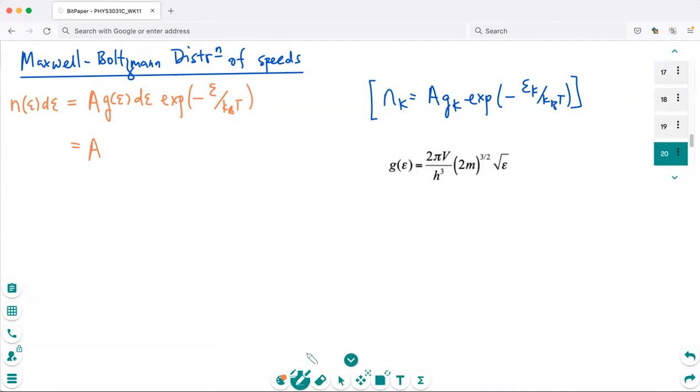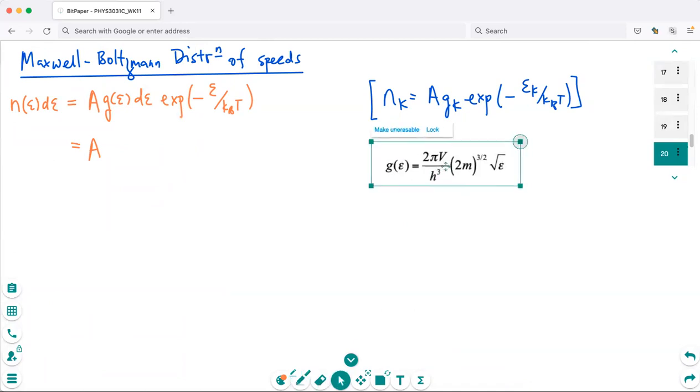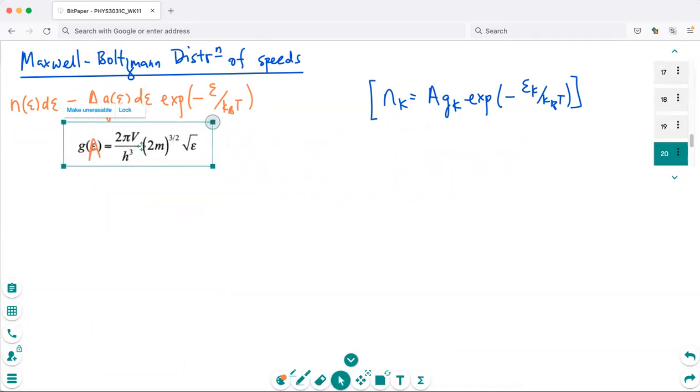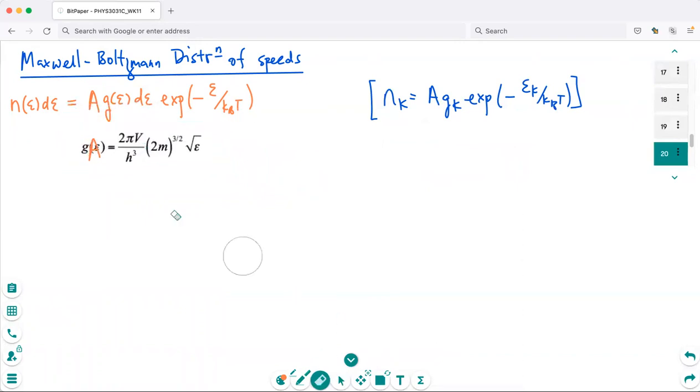So you have this whole thing in. Okay, let's be really lazy for once. All right, so this is G of E, dE, and then just copy everything first.